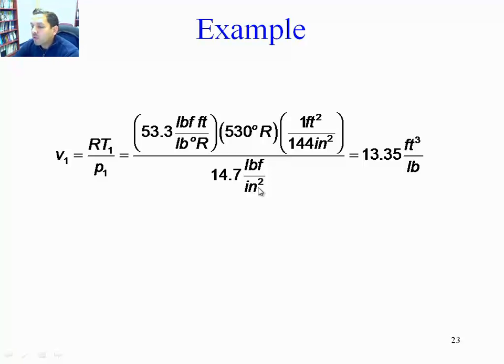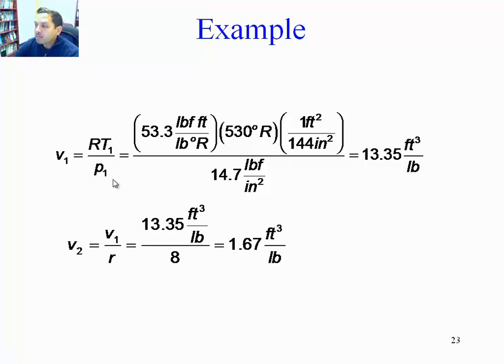So we have to convert the square inches to square feet. Remember that 1 square foot is 144 square inches, and that leads to an initial specific volume of 13.35 cubic feet over pound, which is the inverse of the density in British units, essentially, at atmospheric conditions of 530 Rankine and 14.7 psi.